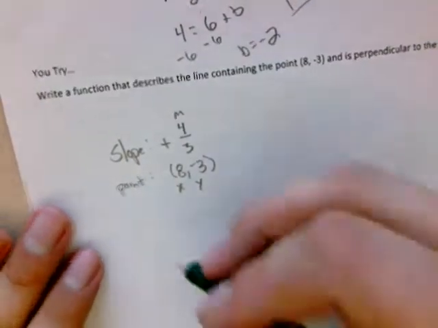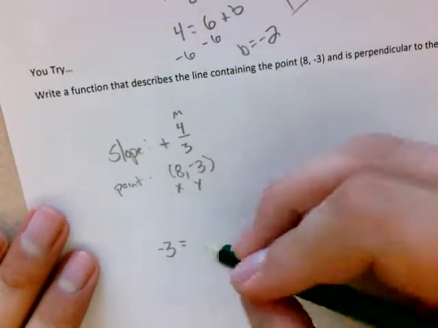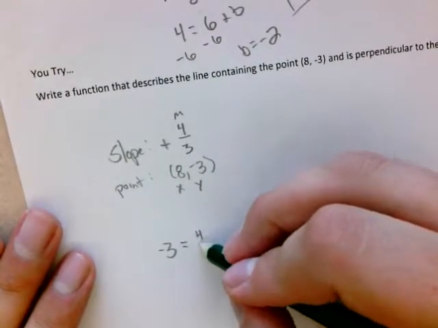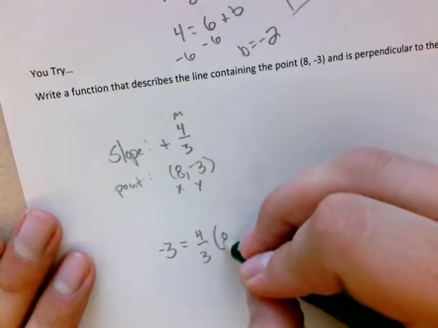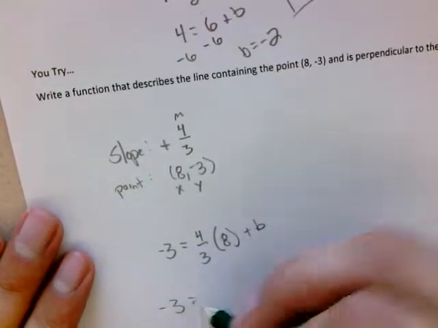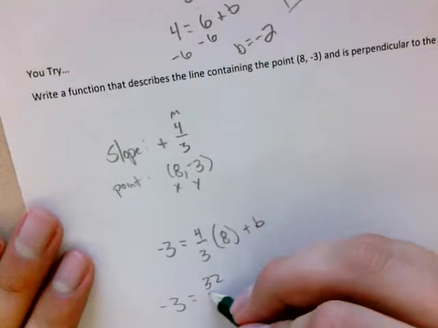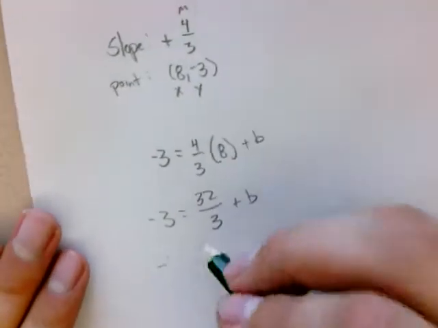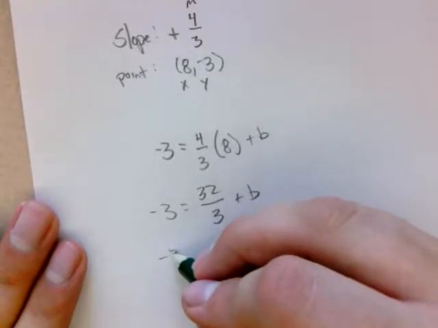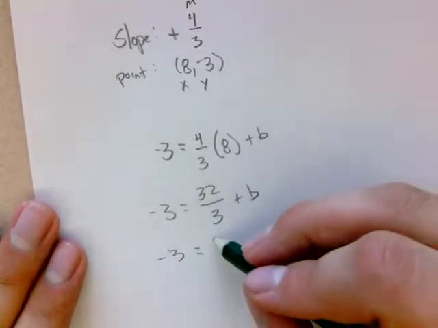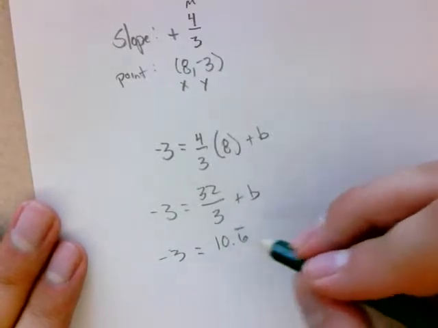Let's plug this in. Negative 3 equals 4/3 times our x, which is 8, plus b. If we plug this into our calculators, it'll be 32/3 plus b, or negative 3 equals 10.6 repeating plus b.